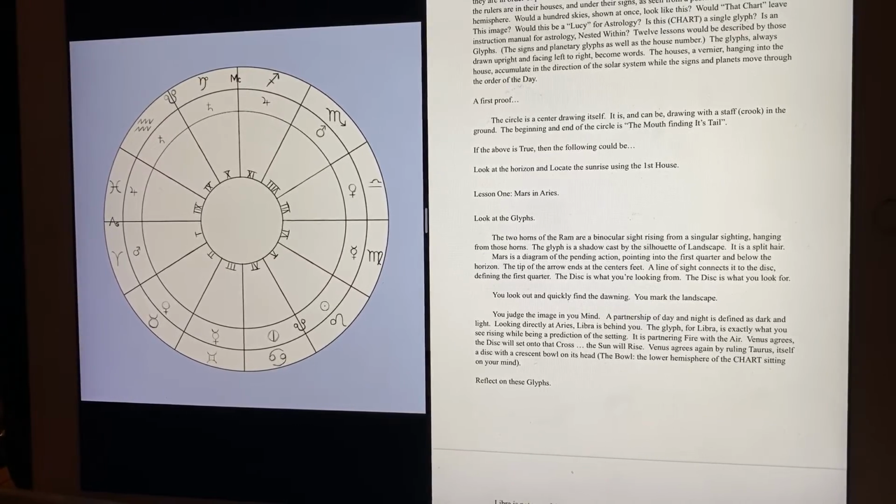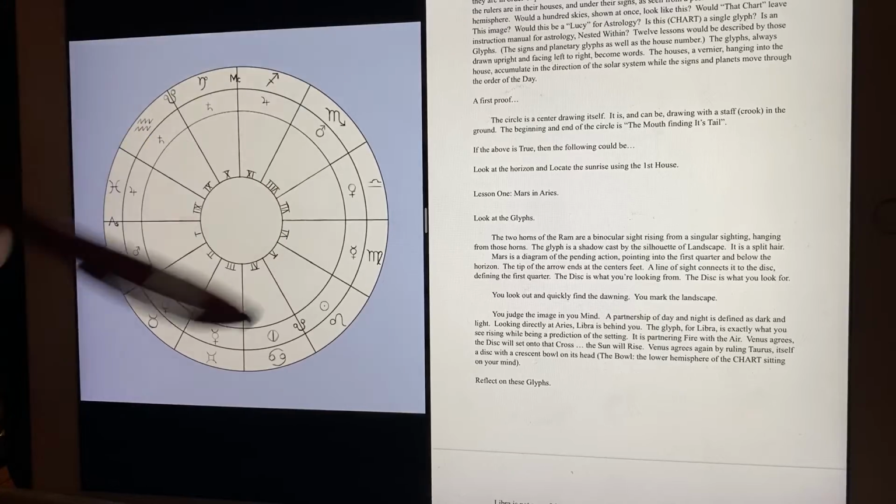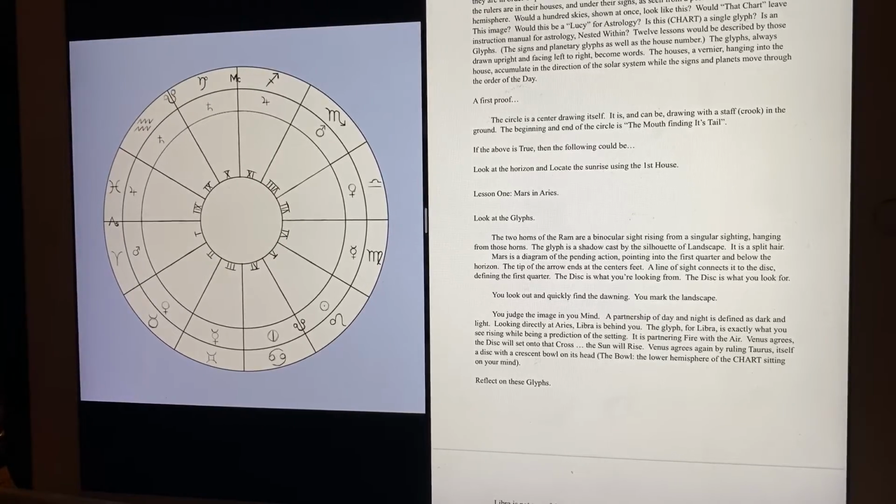The houses, a veneer hanging into the house, accumulate in the direction of the solar system while the signs and planets move through the order of the day. Now here's the first proof. The circle is a center drawing itself.